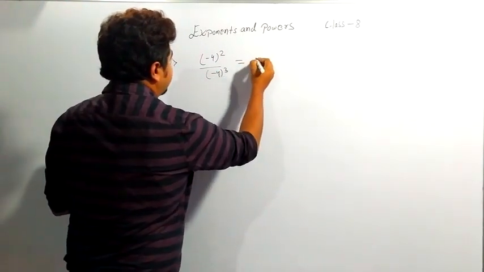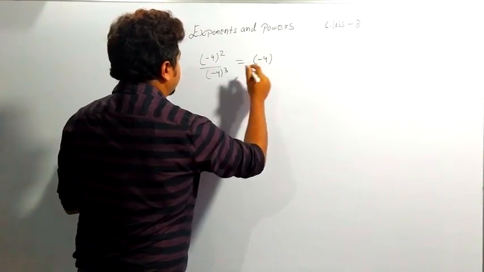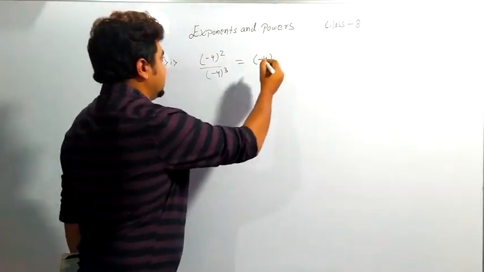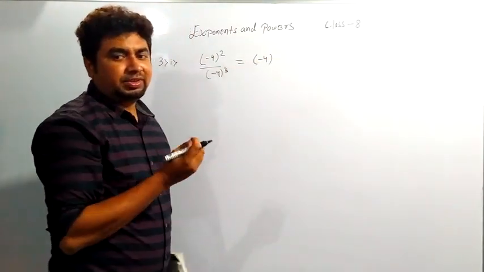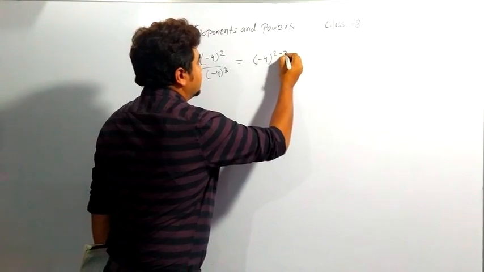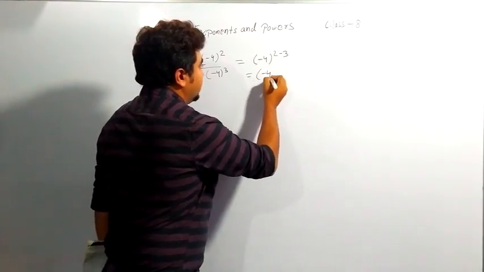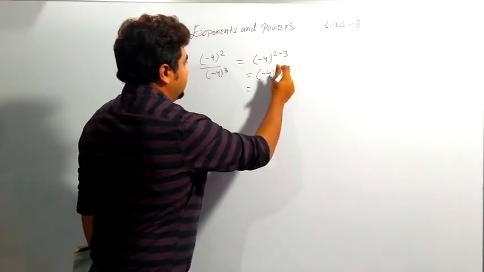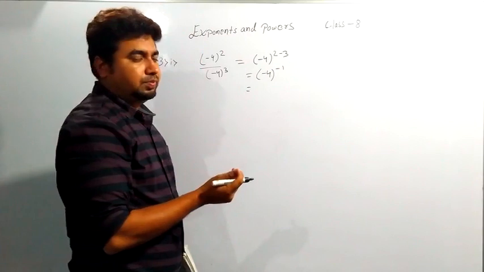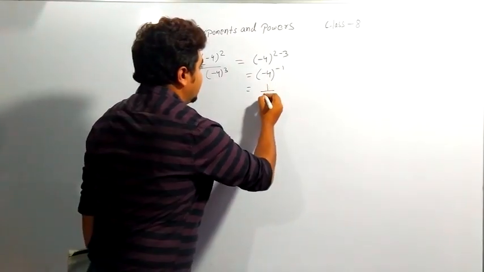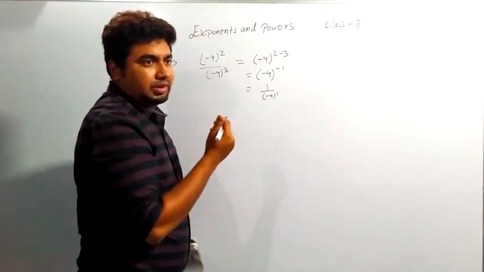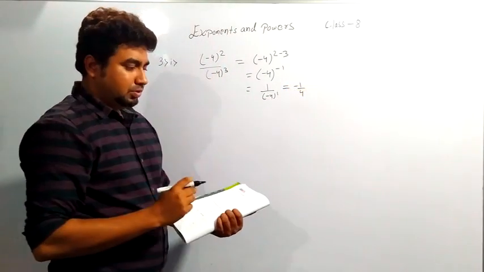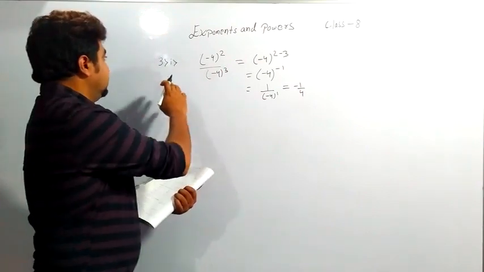Now we can write it as minus 4 to the power, and the 3 will go to the numerator and become minus, so 2 minus 3. It is basically minus 4 to the power 2 minus 3, which is minus 1. So it is becoming minus 4 to the power minus 1. We will take it to the denominator, and it will become 1 by minus 4 to the power 1. So it is coming out to be minus 1 by 4. So this is question number 3 bit 1.